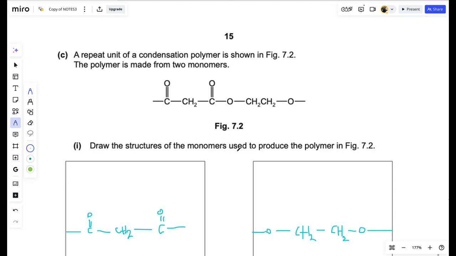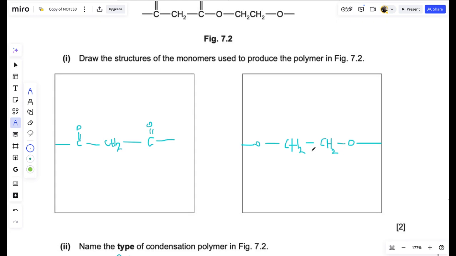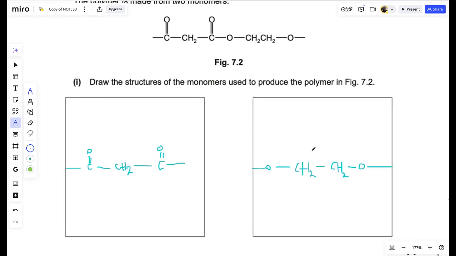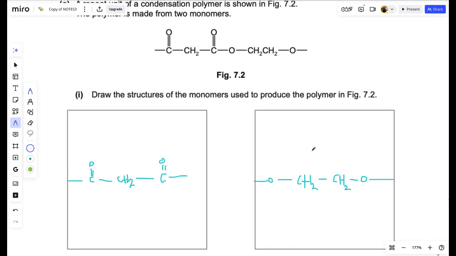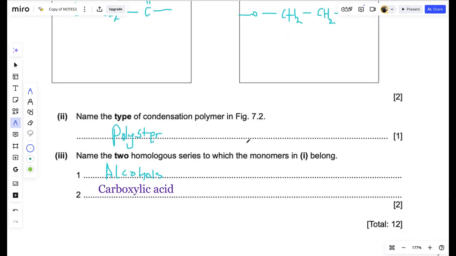Draw the structure of the monomers used to produce the polymer. Here we just show a brief structure from one end and a brief structure from the other end that produce this polymer. Is that okay? Even if we didn't show much detail.